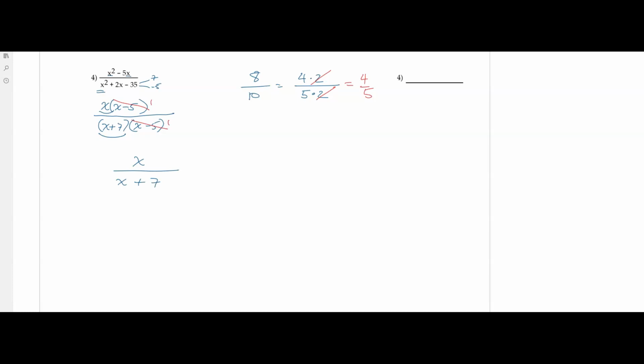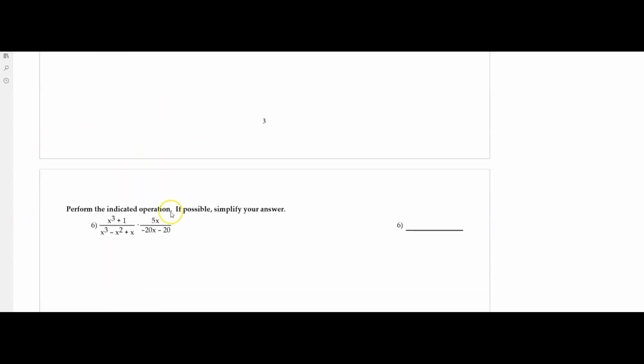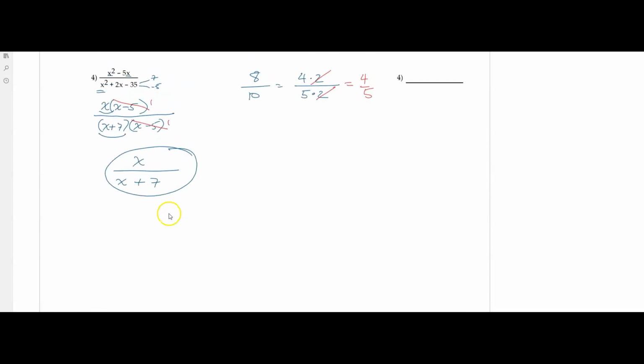You cannot simplify x and x here. That would be wrong. This is your final answer here, x over x plus 7. So that was simplifying.